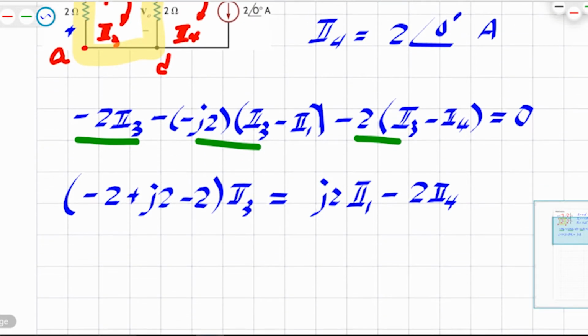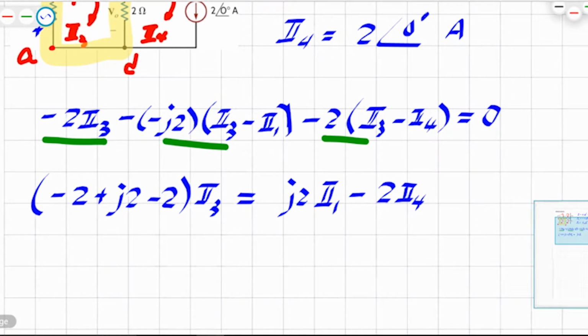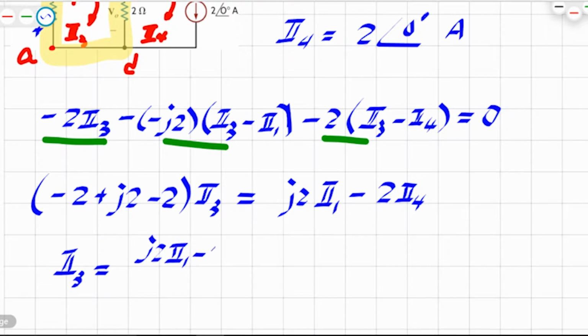And now we can put what is given in and isolate I3. So now what we have is J2 I1 minus 2 I4, then divided by negative 4 plus J2.